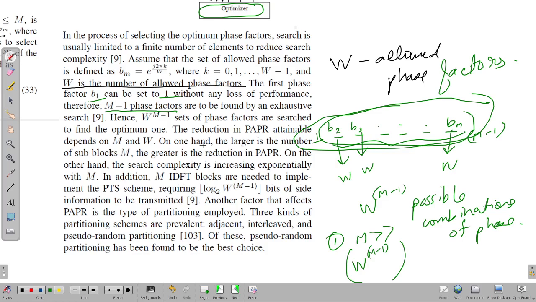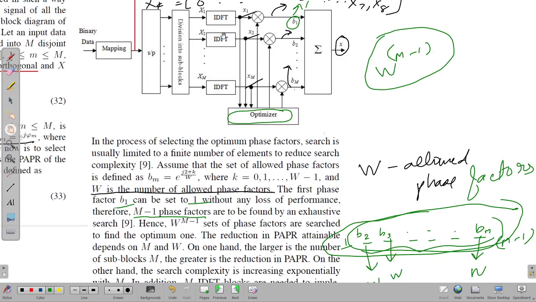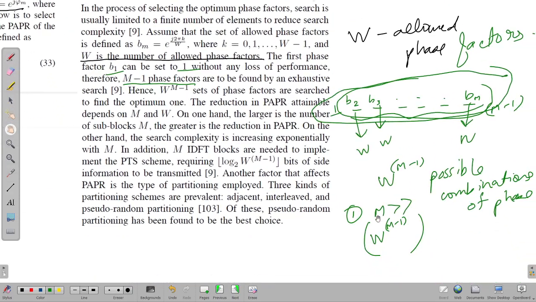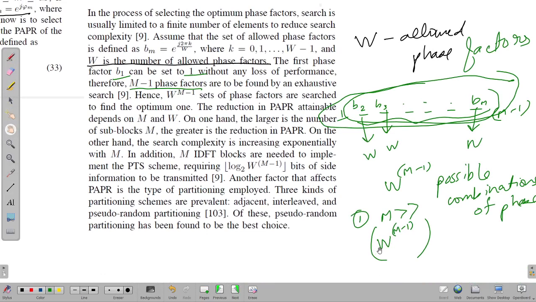And you can clearly see that if you increase the value of m, then obviously you will have a better optimization. But if you simply increase the value of m, the number of possible combinations is going to increase exponentially, and so the computational complexity is going to increase considerably.